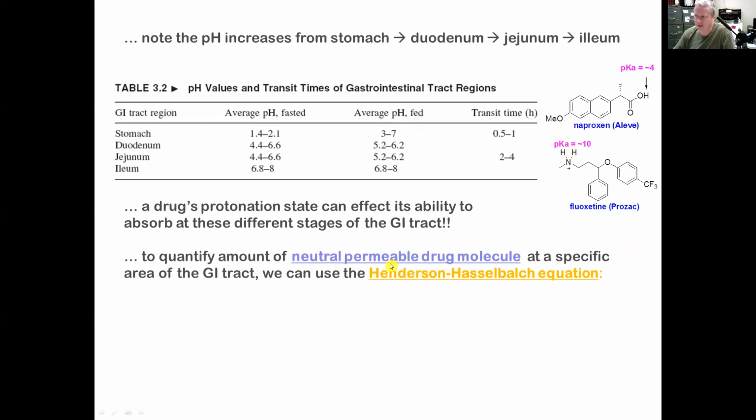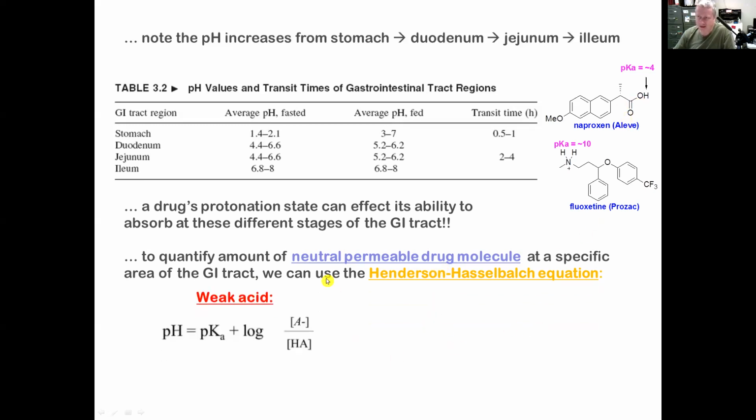So to quantify the amount of neutral permeable drug at a specific area of the GI tract, we use the Henderson-Hasselbalch equation. That's a Gen Chem equation that you may not have seen in a while, but it's a nice formulation of this, and we can quickly figure out how much protonated versus how much deprotonated, right?